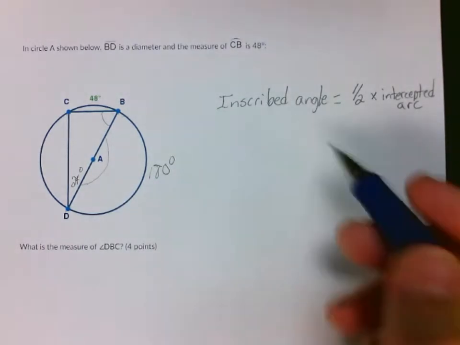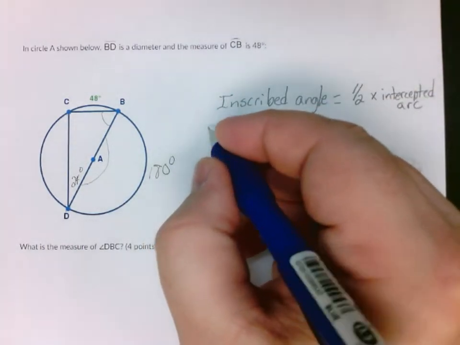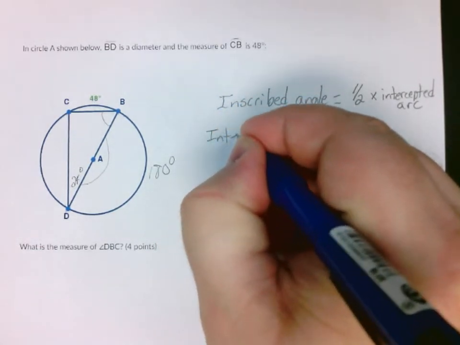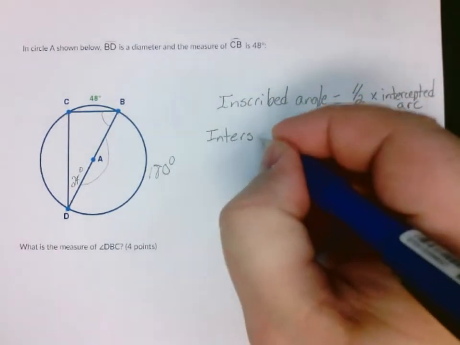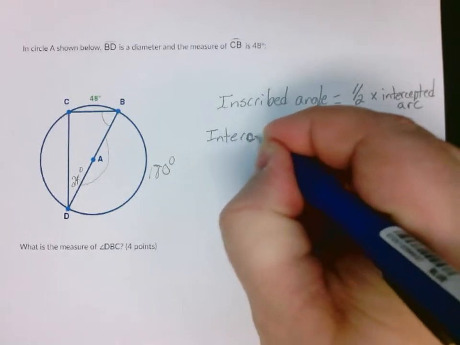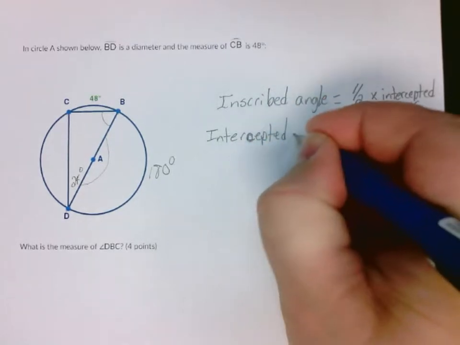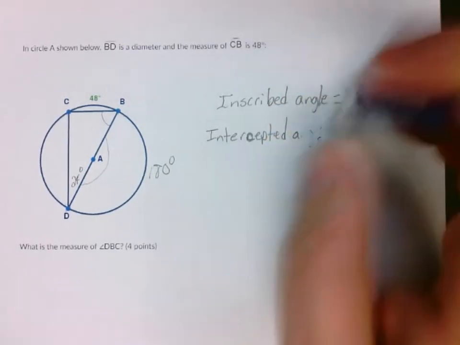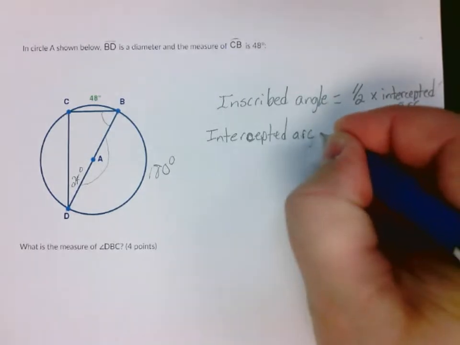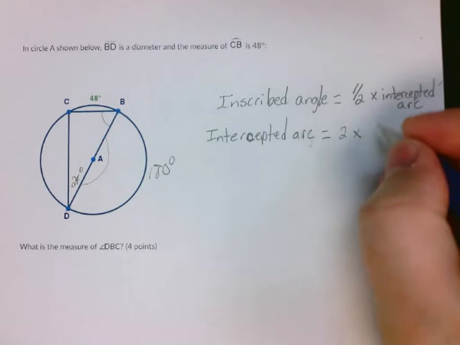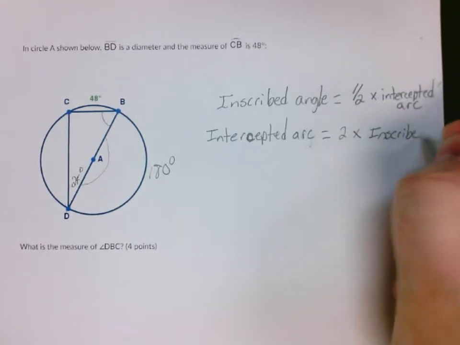Then the opposite is also true here. The intercepted arc, sorry about that, equals 2 times the inscribed angle.